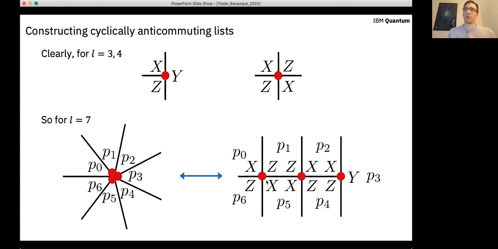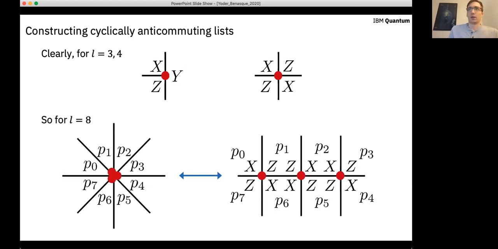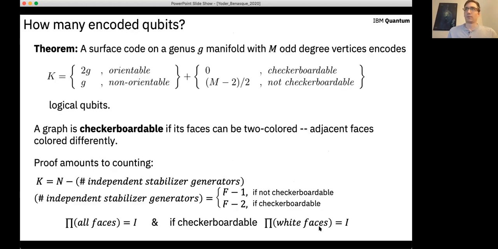You expand this out into 2 degree 4 vertices and 1 degree 3 vertex. You write the CALs around those. And then you just define Pauli 0 here to be X on this qubit, Pauli 1 to be Z and Z here, and so on. So it's pretty simple just in terms of the degree 3 and 4 CALs. And likewise with L equals 8, now you just compose degree 4. Okay.